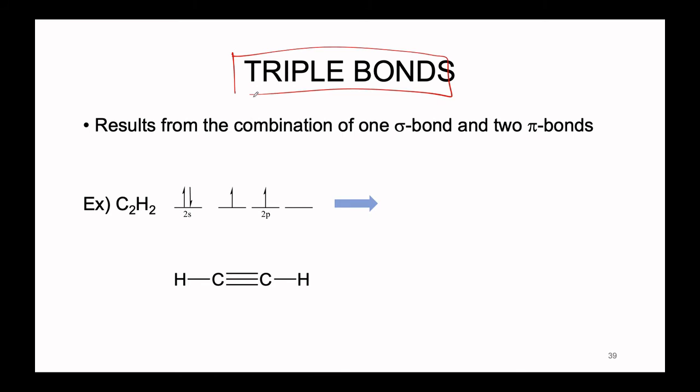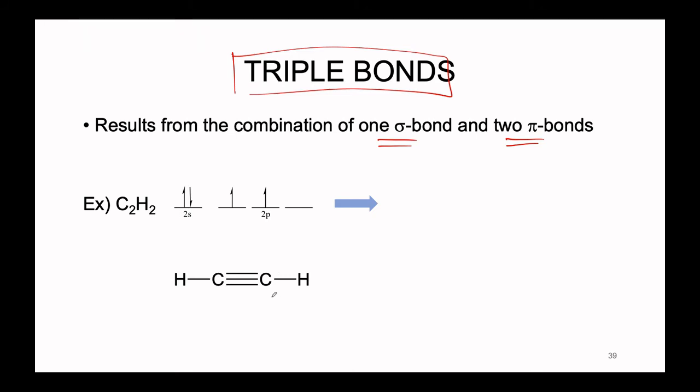So we've seen how single bonds are created according to valence bond theory, and double bonds. Let's talk about triple bonds as well. So a triple bond is the result from the combination of one sigma bond and not just one pi bond, but 2 pi bonds. So let's observe the molecule illustrated here.